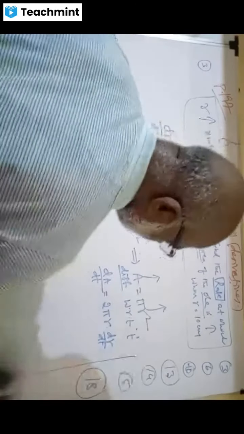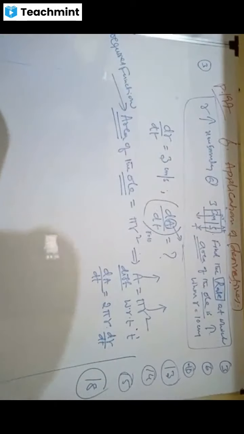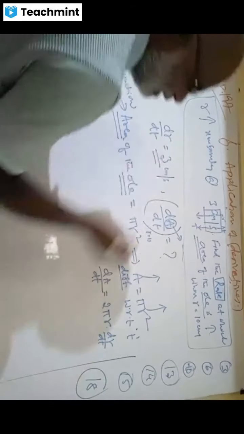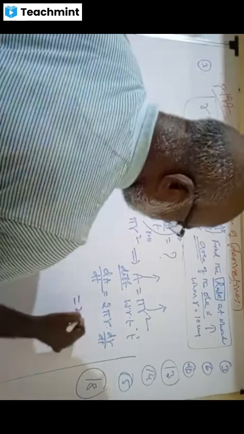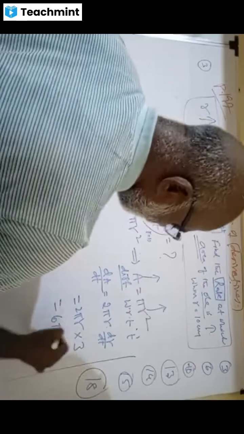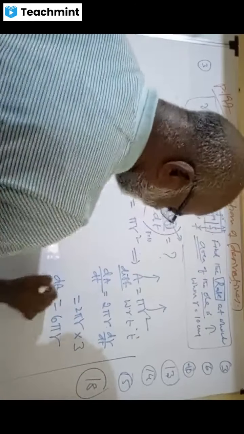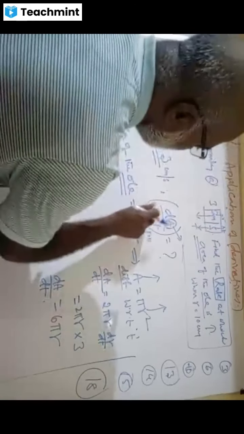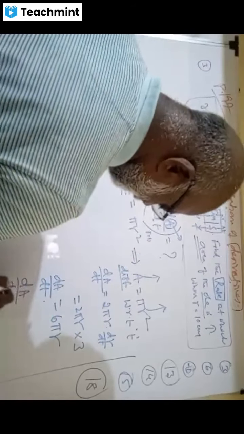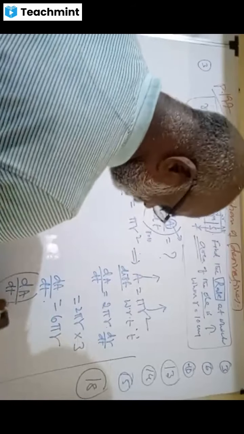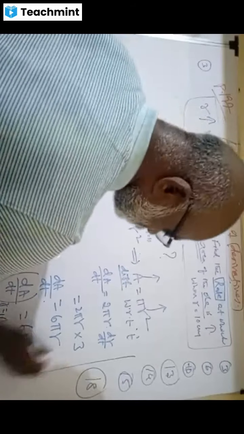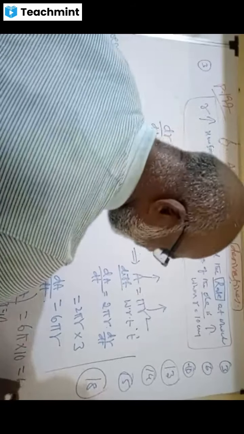Whenever there is a variable, we should differentiate it with respect to t. Already given dr by dt is 3, so it's 2 pi r into 3, that is 6 pi r. That is dA by dt. He said dA by dt at r equal to 10. Put it now: 6 pi into 10, that is 60 pi.